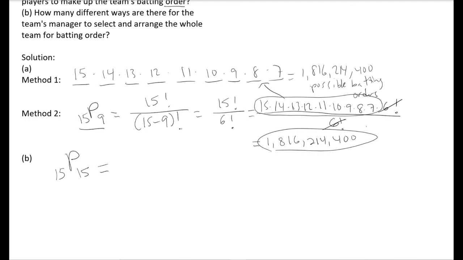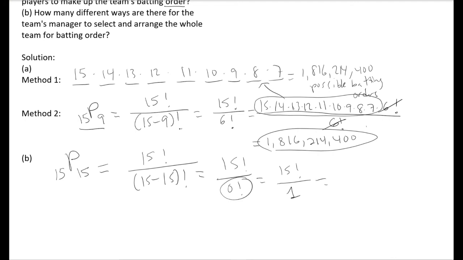So in this case, we get 15 factorial over 15 minus 15 factorial, which is 15 factorial over 0 factorial. Remember that 0 factorial is just 1. So anything divided by 1 is itself. So this is just 15 factorial.